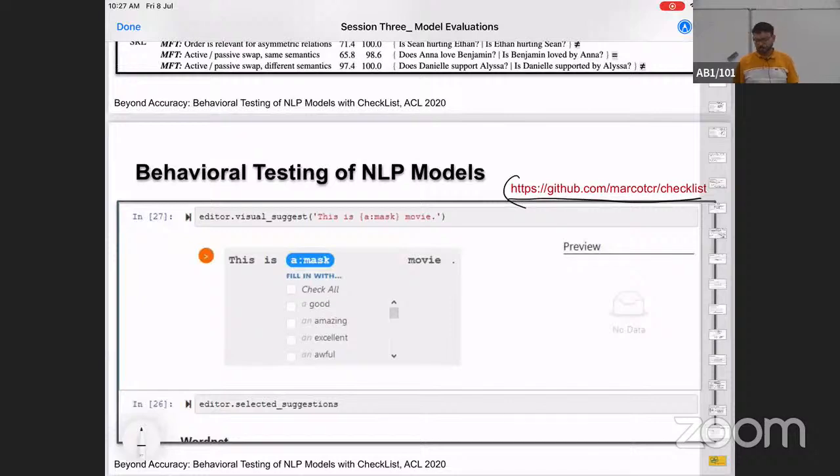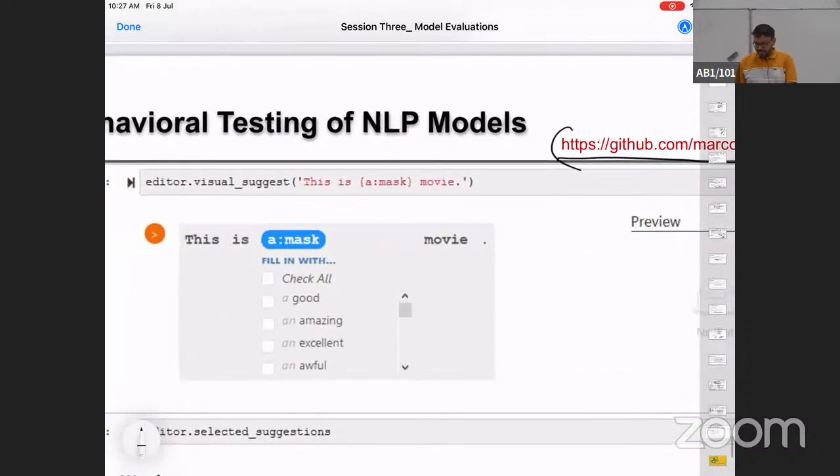What you have to do is define what kind of sentence you want to generate, and it will generate the sentence. For example, I want to generate a sentence which has this is, then there is a mask movie. So mask will be replaced by a lot of words, and you just have to check those words. I want a sentence with this word, this word, this word.